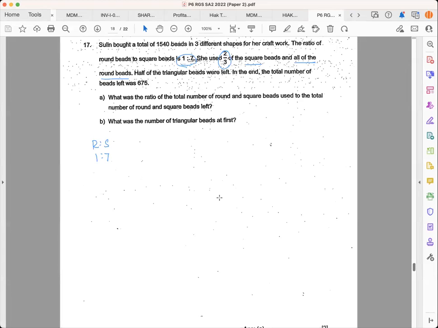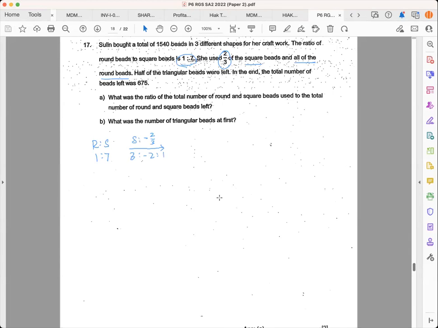So square beads, we use 2/3. So I minus 2/3. But of course, we don't teach you to record just minus 2/3. We need to record it in a before, change, after format. That will be square start with 3 parts, took away 2 parts, left with 1. So that's how you record minus 2/3 as a ratio.